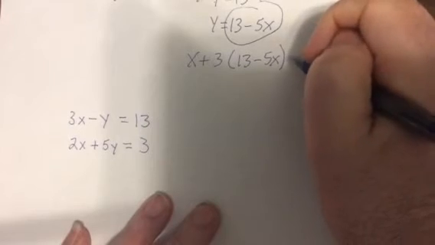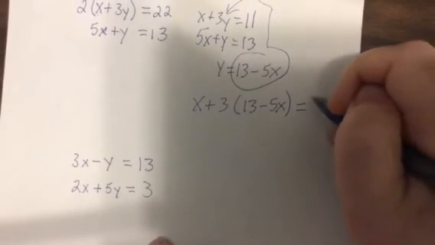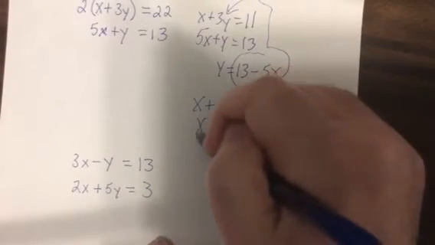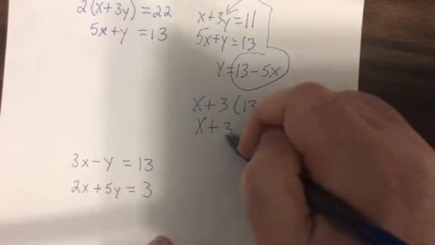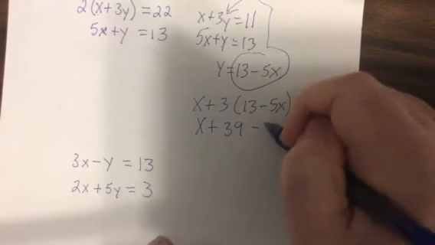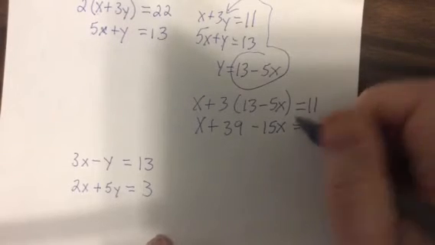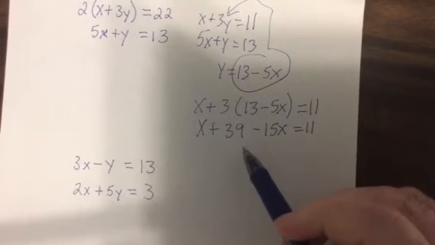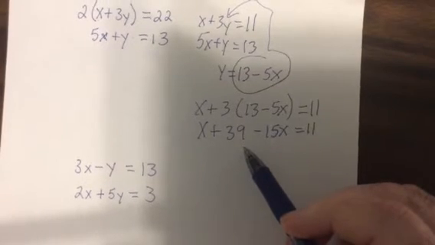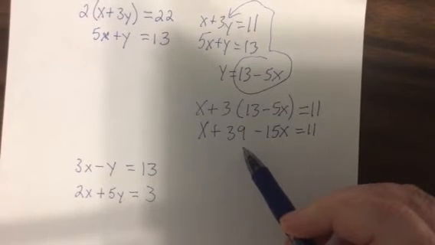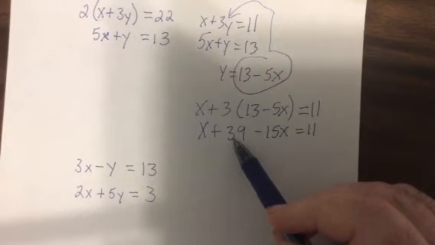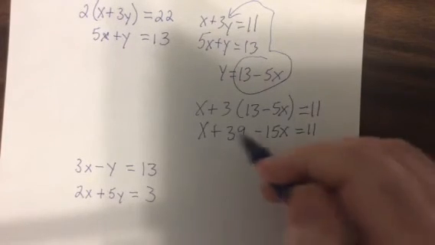Equals 11. So x plus 39 minus 15x equals 11. So I'm going to subtract and combine this.